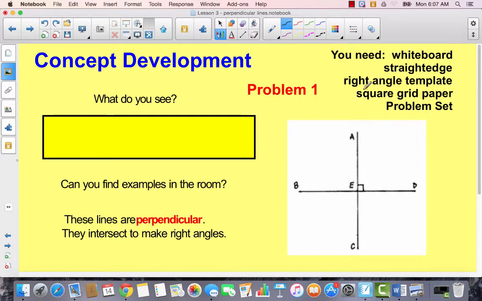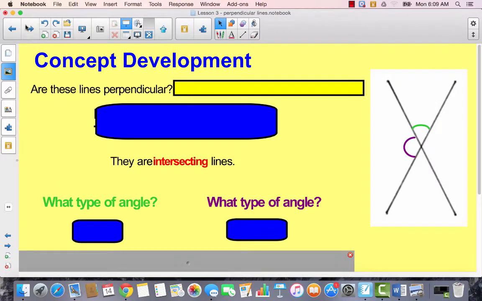When lines or line segments intersect, that means that they cross each other. Whenever they intersect and form a right angle, we call these perpendicular lines. Okay? Now, take a look at these lines. Okay, so this next set of lines I want you to take a look at. Are these lines, or line segments actually, perpendicular?